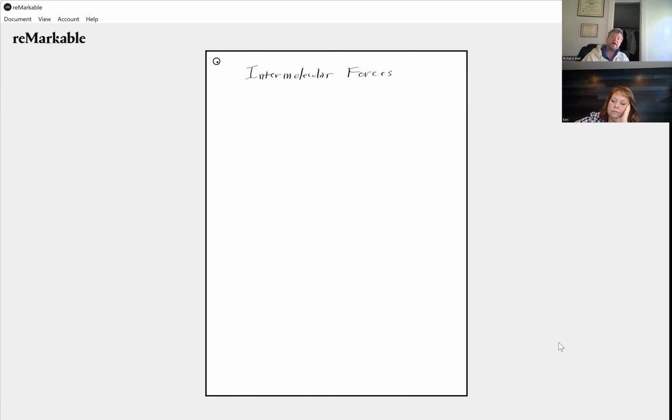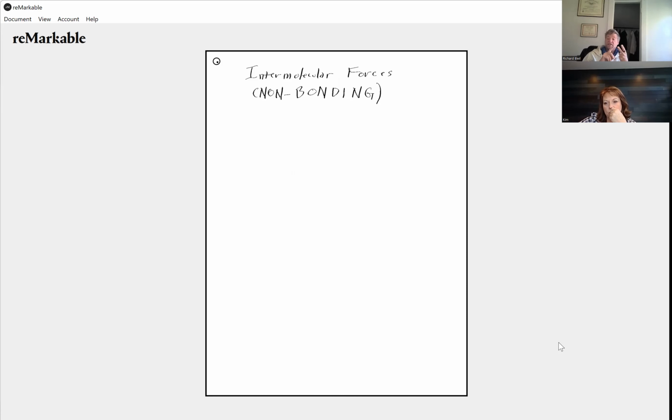But when we talk about intermolecular forces, we are talking about non-bonding forces. These are not chemical bonds. Depending on how you define them, there are two kinds of chemical bonds: ionic and covalent.